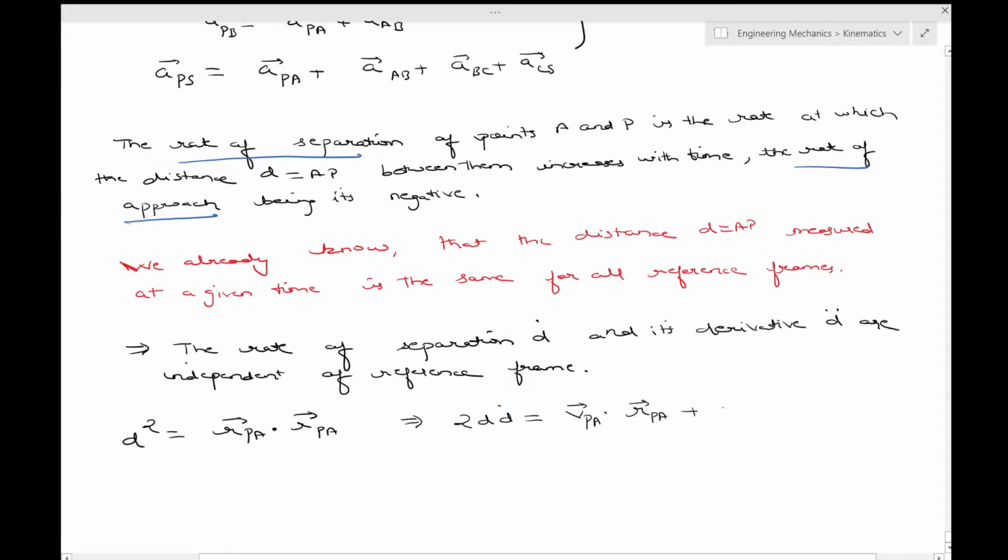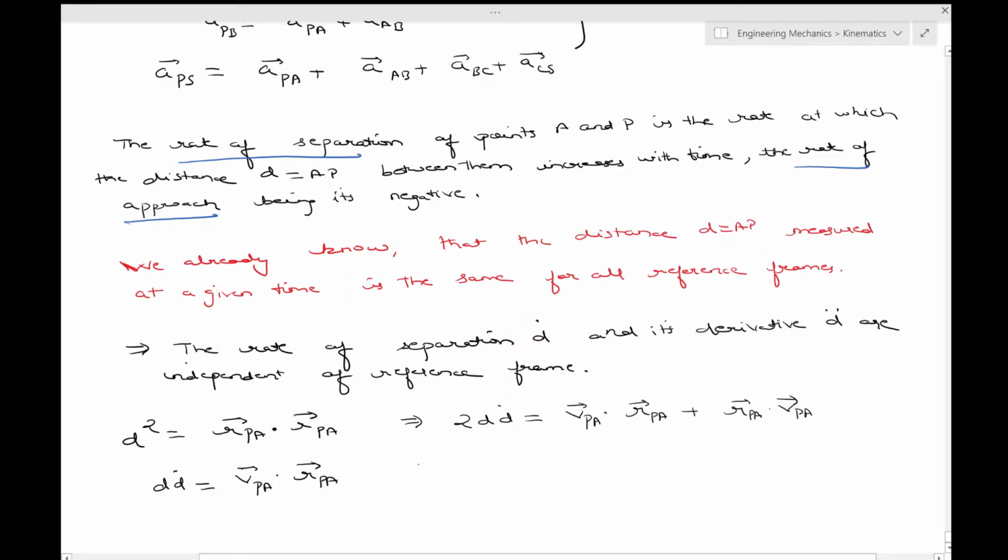Now d d dot will be equal to VPA dot RPA. Why would that be true? Because this is the same as this. And hence d d dot will be equal to VPA dot RPA.